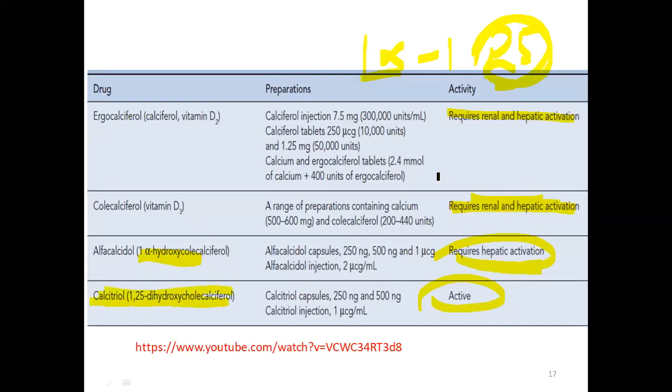So this is how we manage hypoparathyroidism. In severe cases, replace with calcium gluconate. Then in chronic treatment, you just give vitamin D analogs with calcium supplementation. That is the most common recommendation.